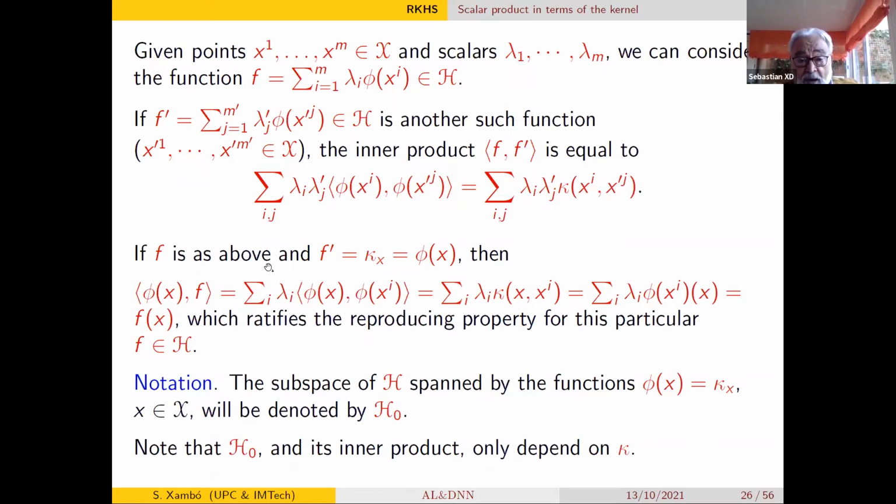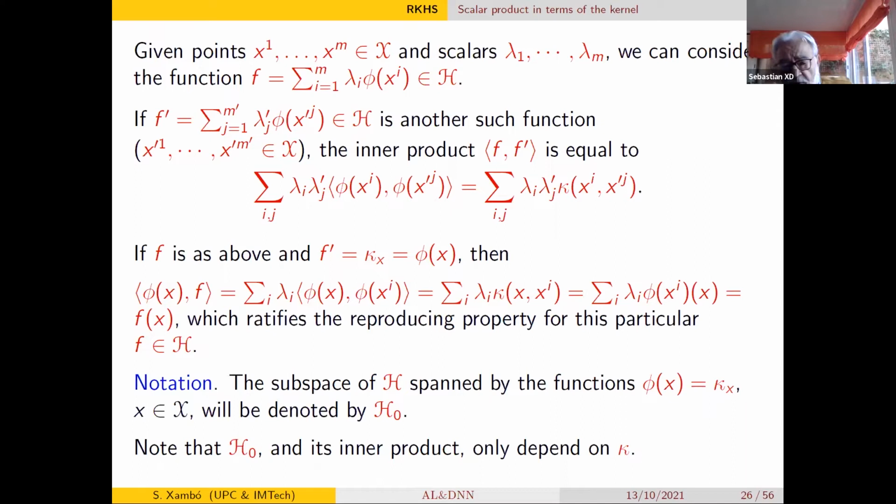If f is as above and you specialize f prime to a kappa of x, which is phi of x, then what you obtain by doing the calculation is that phi of x inner product with f is f of x. This ratifies the reproducing property for these particular functions f in curly H.